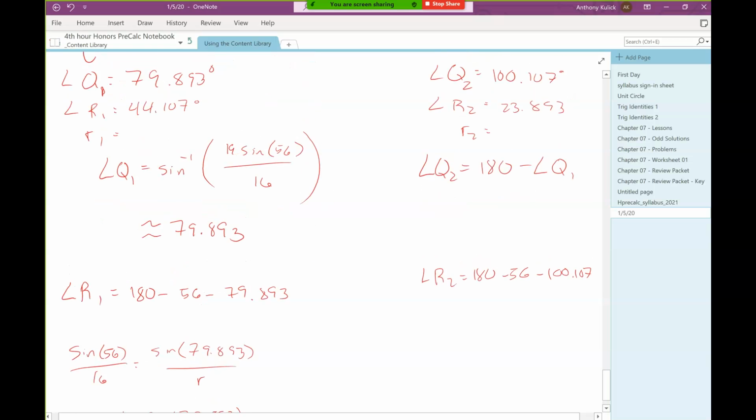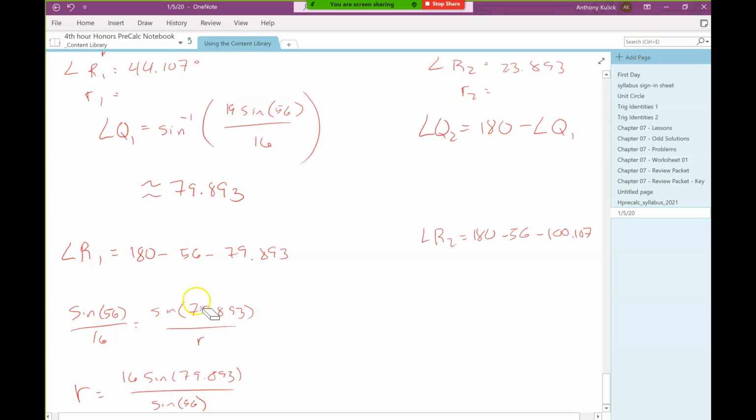Oh my goodness, look what I did. It was my mistake. That's not R1. That was Q1. That's what I should have put there. You ever make a mistake?